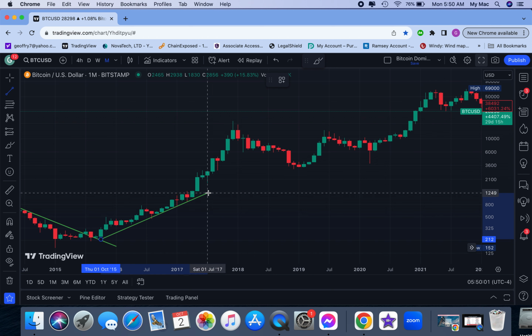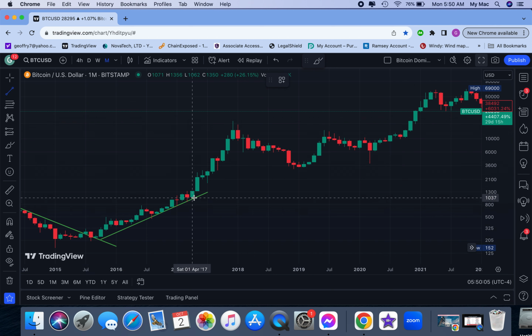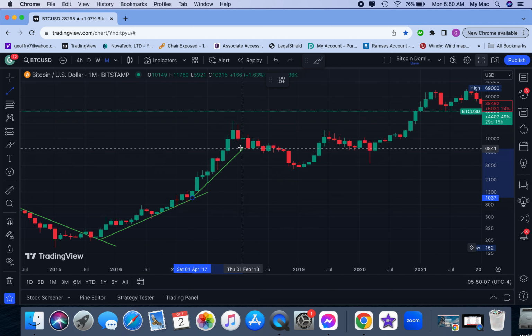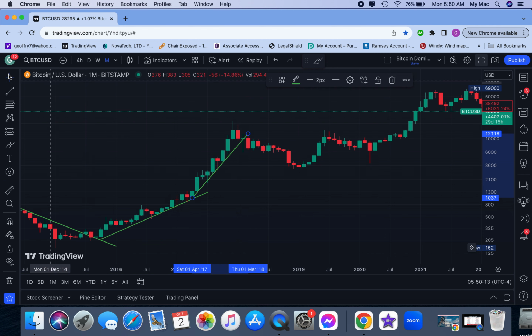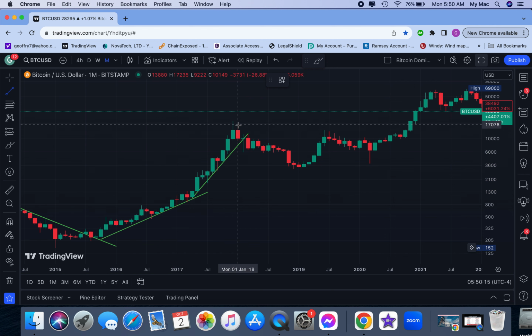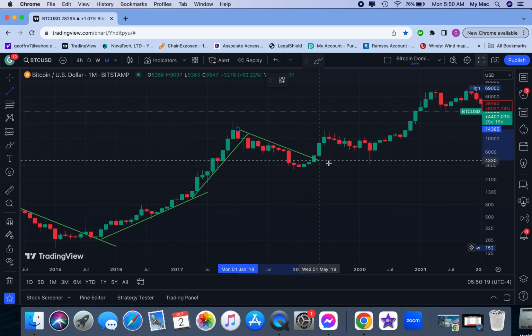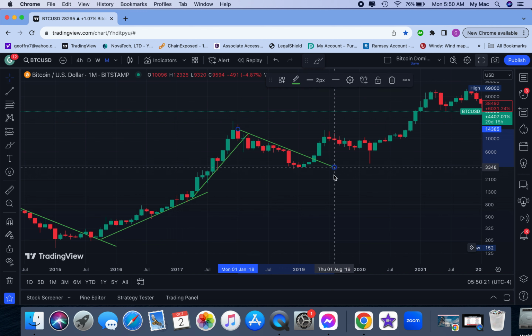You can see a similar deal. We're going up, then the climb becomes steeper, and then we break the parabola and start a new downtrend.